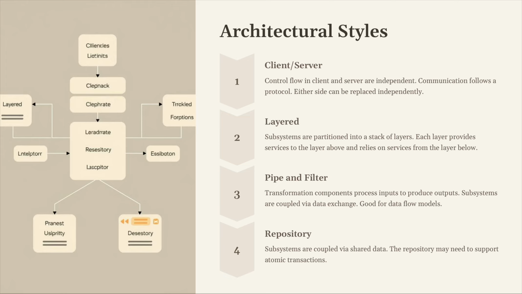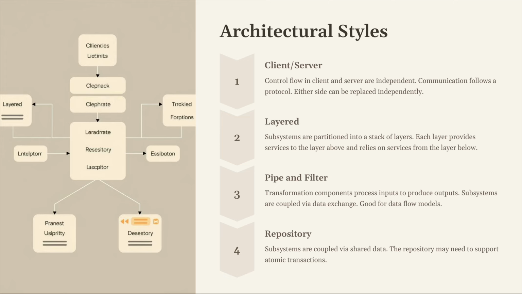There are many architectural styles, but here are four commonly used ones. First one is client or server. The client and server operate independently, communicating through defined protocols. Either side can be replaced without affecting the other. Second one is layered architecture.